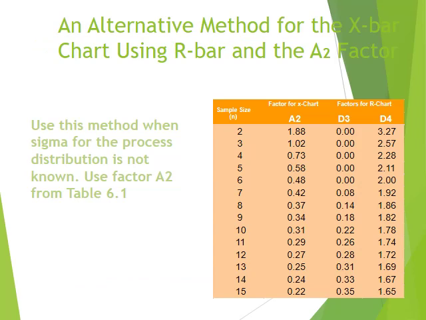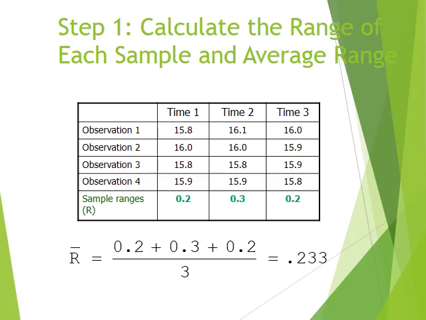An alternative method for the X bar chart uses R bar and the A2 factor. Use this method when the sigma for the process distribution is not known. Use factor A2 from table 6.1. This is an example: sample size, factor for X bar chart, factor for R chart. Step 1.